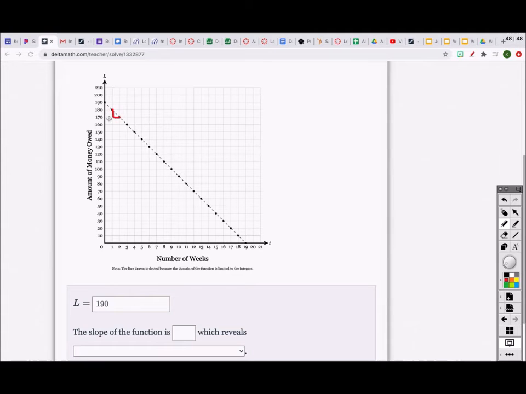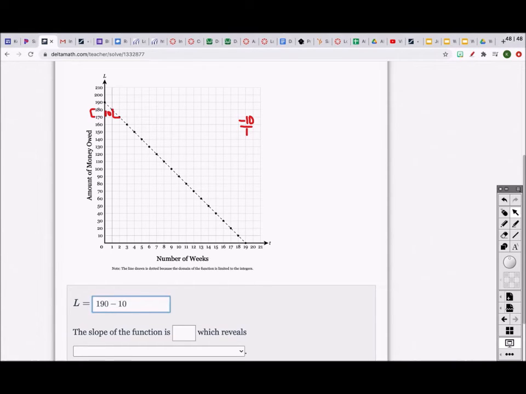When you count this box, this isn't 1 because we're not counting by ones. We're counting by tens. So we are going down 10 to the right 1, which is why we had a negative slope.